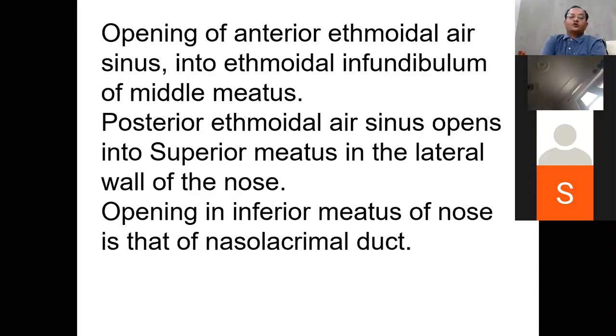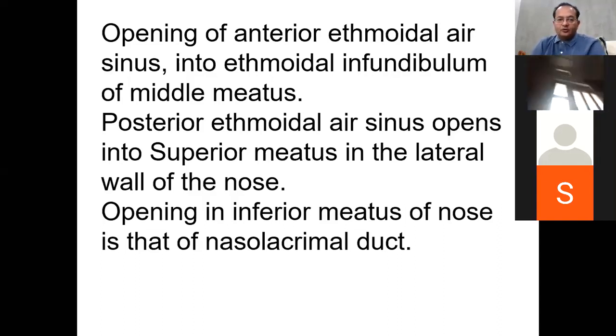In the lateral wall of the nose, I told you that there are 3 turbinates and 3 meatuses: superior, middle and inferior. The superior meatus and middle meatus, children, are part of the ethmoid bone, and the inferior meatus is an independent bone.